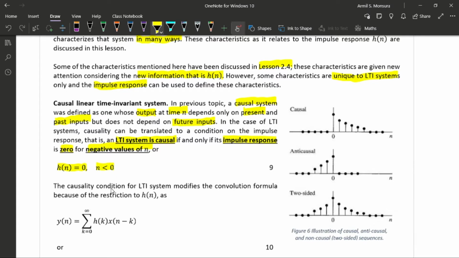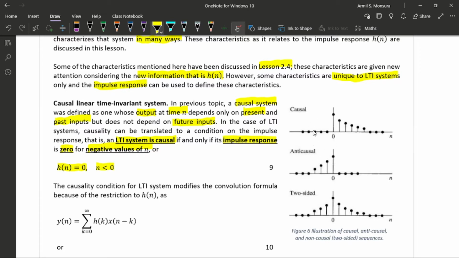That is how the impulse response would look for a causal LTI system.